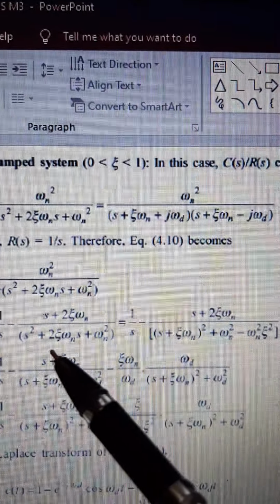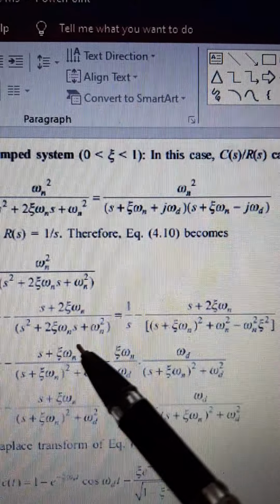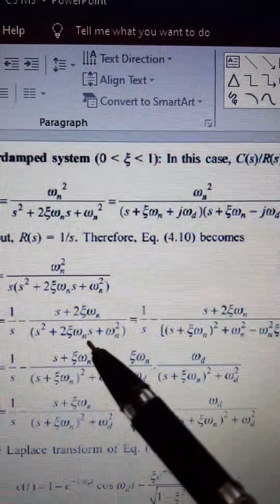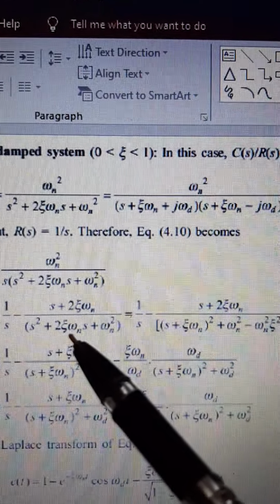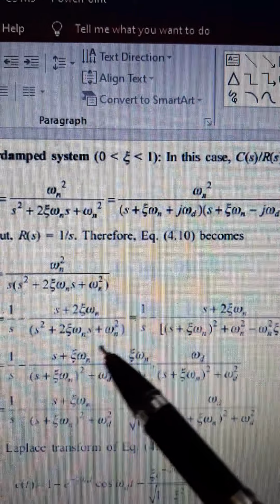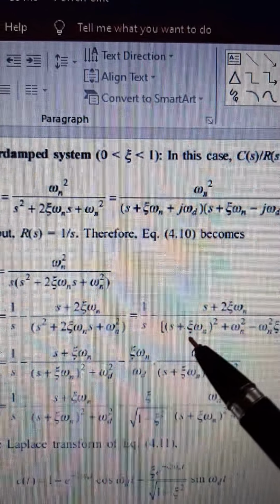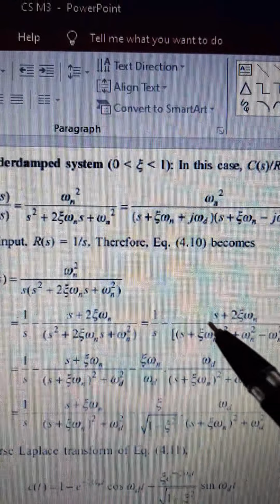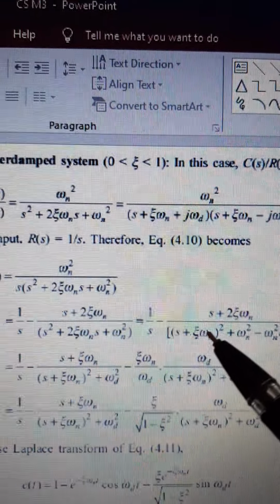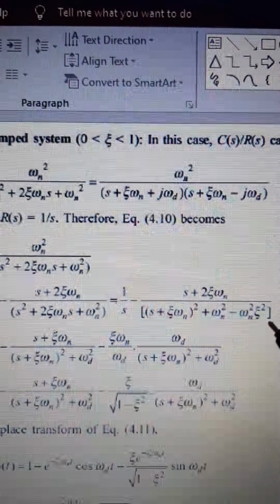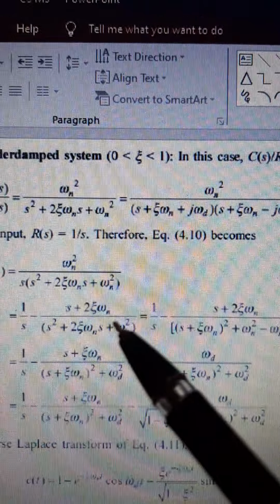S square you get here, the second term 2 psi omega n S comes from the cross term of this square, and the third term, psi square omega n square, is to be subtracted, with omega n square as it is.